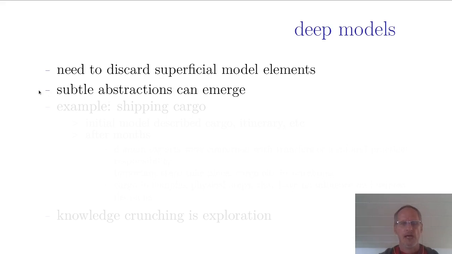And as we discard such superficial model elements, more subtle abstractions can emerge, or more subtle changes to the abstractions we had previously conceived of may emerge. And one example is our shipping domain, shipping cargo.